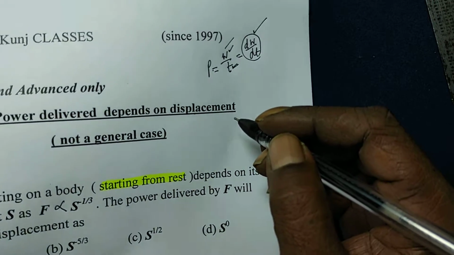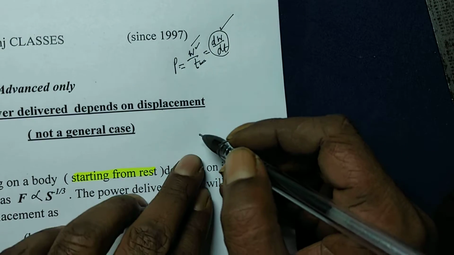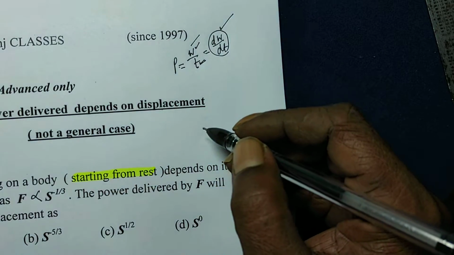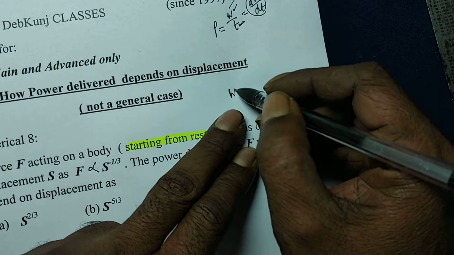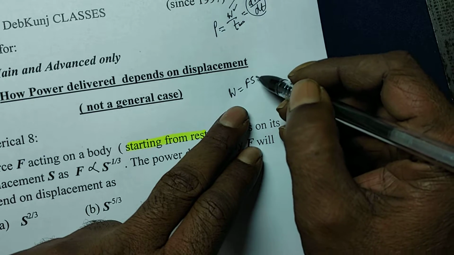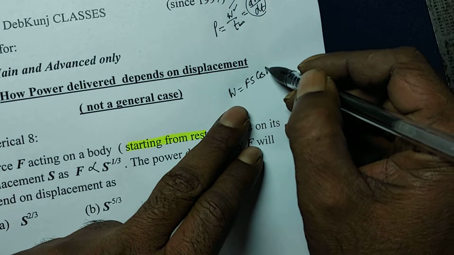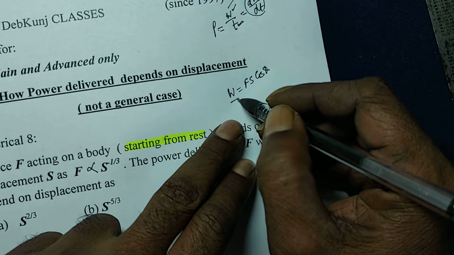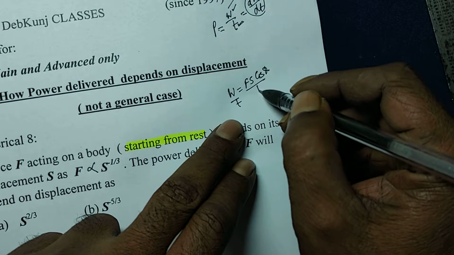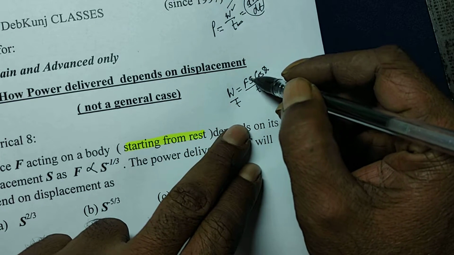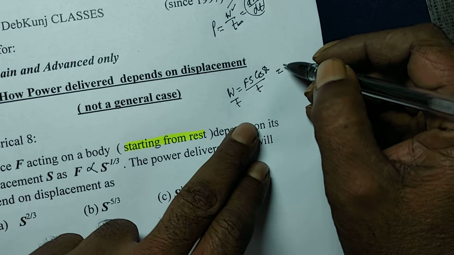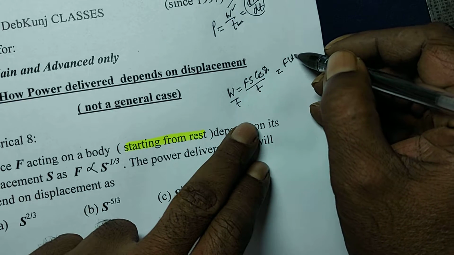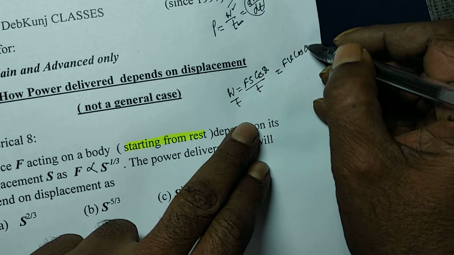Now since work done is equal to F s cos theta, I divide this side with T, so S over T becomes velocity, so this becomes your F V cos of theta.